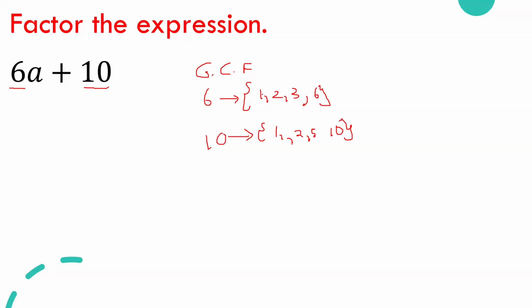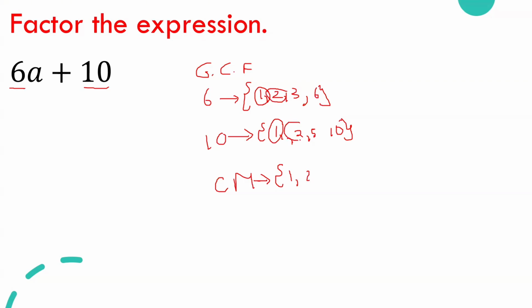Now, what are the common factors between 6 and 10? The common factors mean that this factor can divide 6 without leaving a remainder and also divide 10 without leaving a remainder. So the common factors for 10 and 6 are 1 and 2.